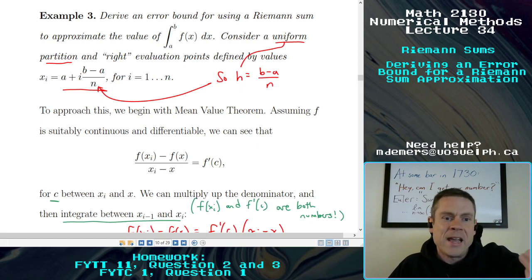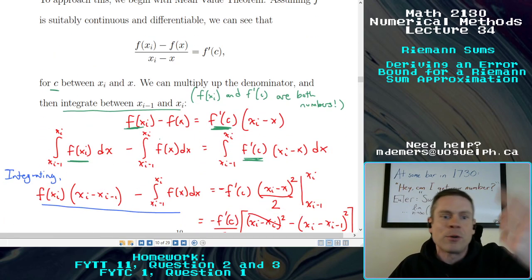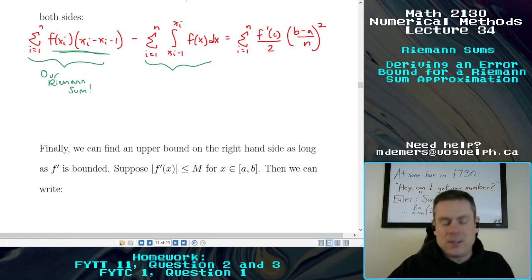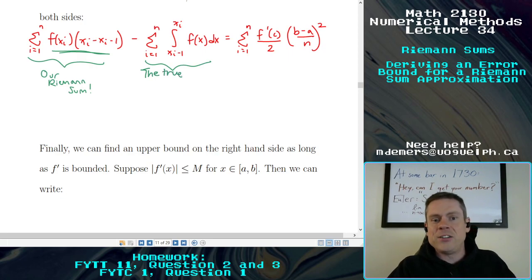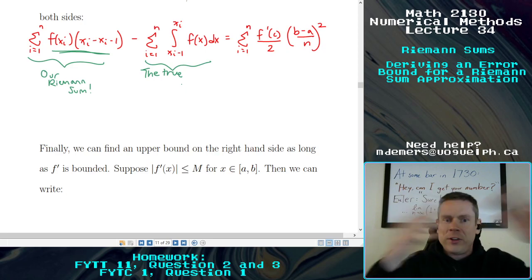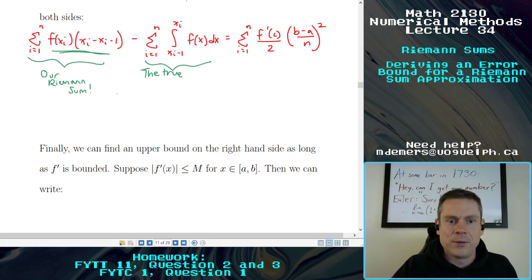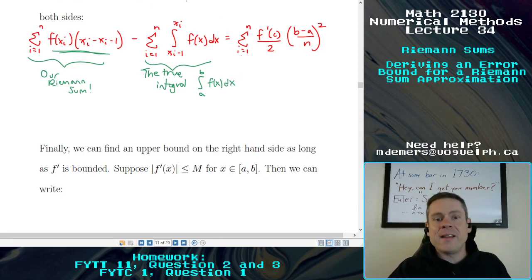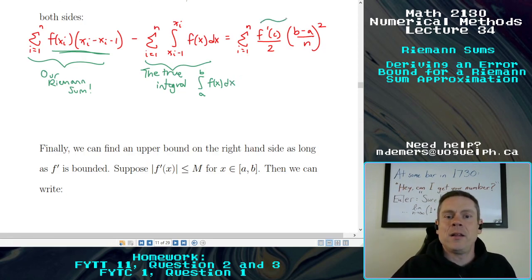Yeah, we're defining x_0 to be the a here. This here is actually the true integral. Using integration rules, but really just thinking of the sum of a bunch of areas added together gives you the sum of the whole area. So this is the true integral. So that's just going to be the same thing as writing the integral from a to b of f of x dx.